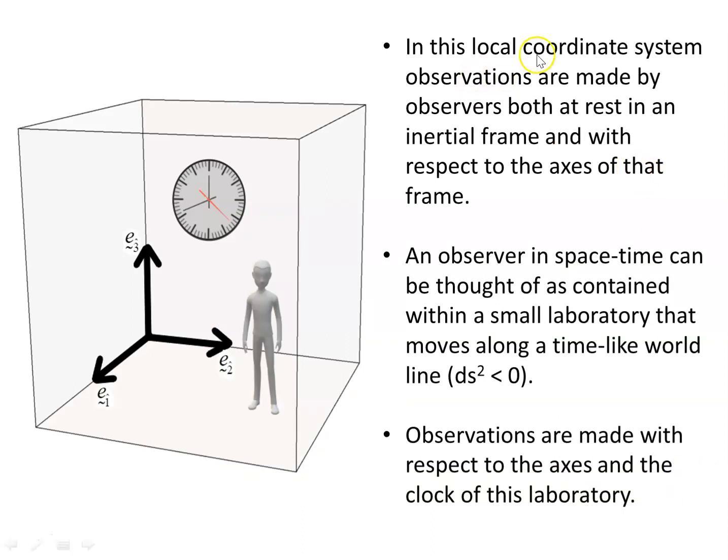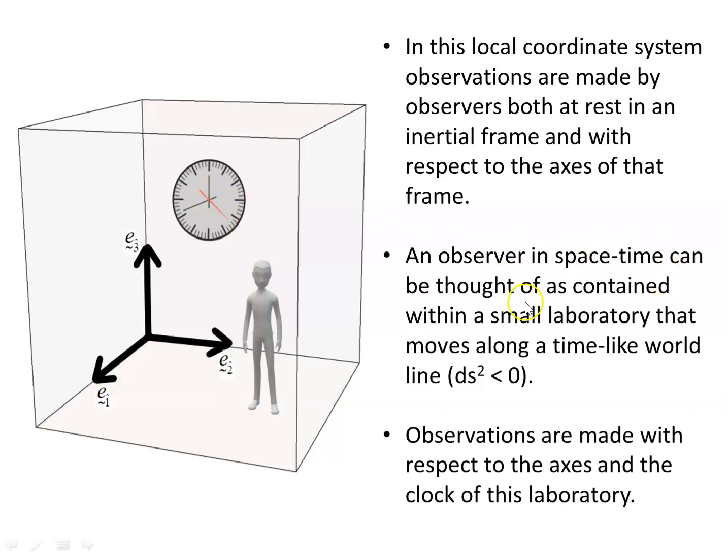All right, now, in this local coordinate system, observations are made by observers both at rest in an inertial frame and with respect to the axes of that frame. So we can have a freely falling particle, or we could have a freely falling laboratory. And in that laboratory is an observer, and an observer establishes, according to the laboratory, a system of orthonormal basis vectors for the spatial axes, and then can use the clock as their time axis.